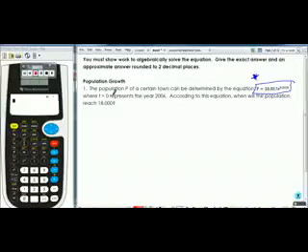Where t equals 0 represents the year 2006. So the year 2006 is when this model was made, when the equation is good at year 0 in the year 2006. According to the equation, when will the population reach 18,000? 18,000 will be my future value, P.